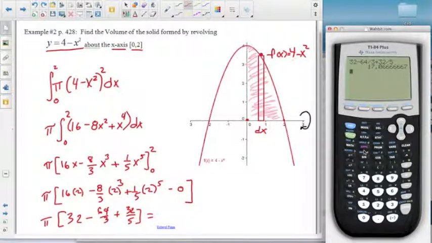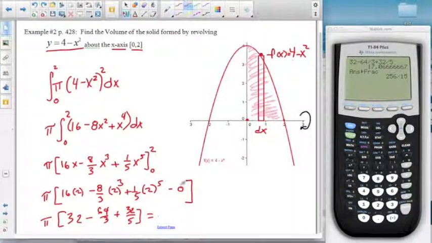I'm just going to go ahead and convert that to a fraction, and it ends up being 256 over 15. So 256 over 15 is what this adds up to, and then we can't forget our pi. So we end up at the bottom with 256 pi over 15, and since this is volume, we know it's units cubed.